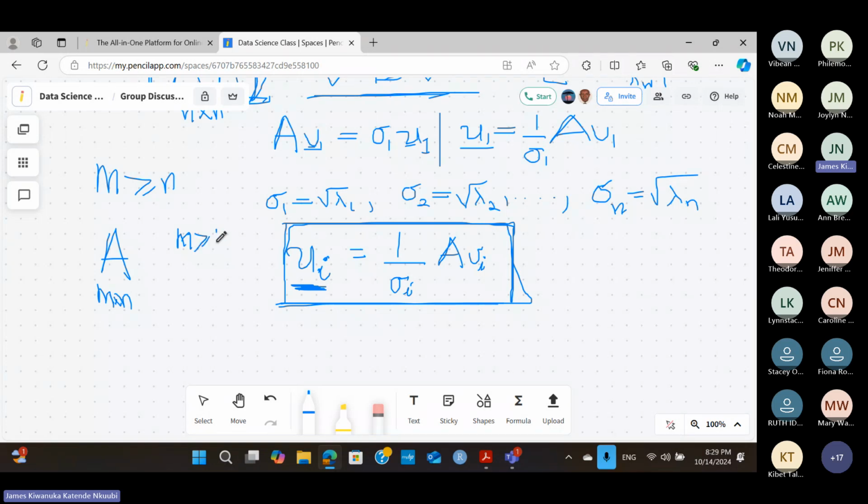If you assume M is bigger than N, then by the time you get U1 all the way up to Un vectors, you'll have fewer vectors than the number of vectors you need to span the space in which we get the columns of the matrix A. So there'll be vectors of length M. The basis for their space will be coming from the space Rm, but M is bigger than N. These vectors I'm getting will be fewer than M. So it won't give me a basis for Rm. I can extend it if I wish to get the full SVD, but we don't need it.